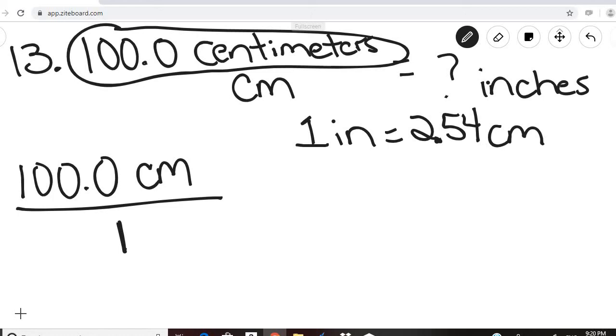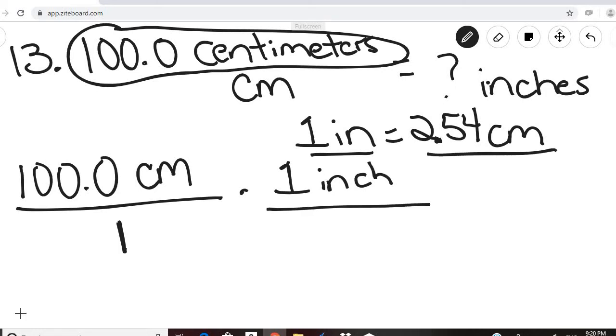And then the unit that we want to end up with is inches, so 1 inch is going to go on the top, and 2.54 centimeters is going to go on the bottom. So you can see a centimeter on top and a centimeter on bottom, so those units cancel. Then you're going to multiply across the top, 100 times 1, and then divide by 2.54.